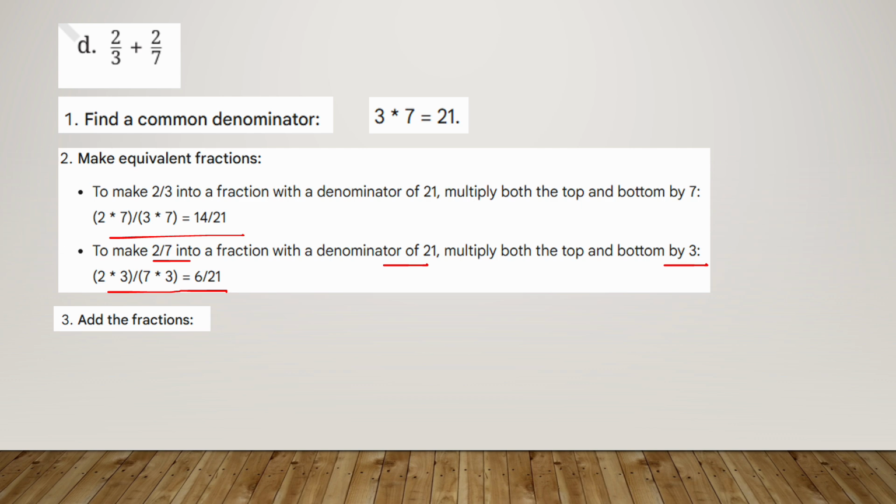Then add the fractions. 14 by 21 plus 6 by 21. See, denominator remains same. Then add the numerators. 14 plus 6 is 20. This is a proper fraction, so no need of simplifying it.